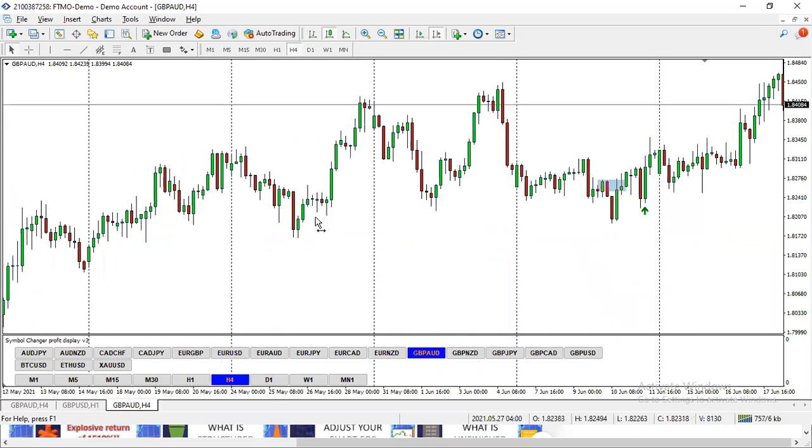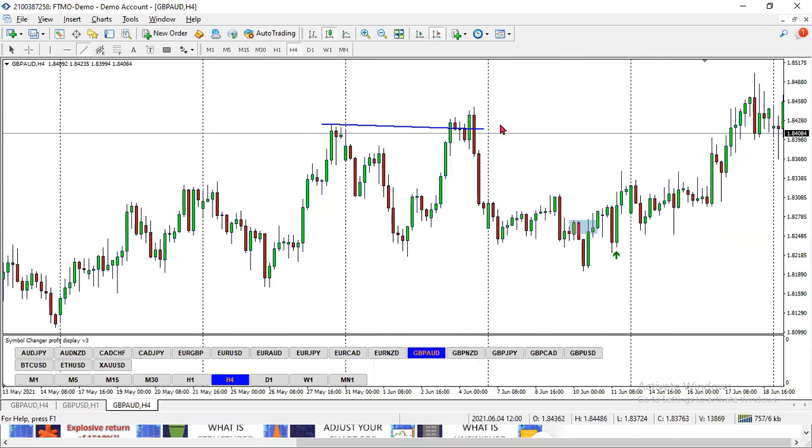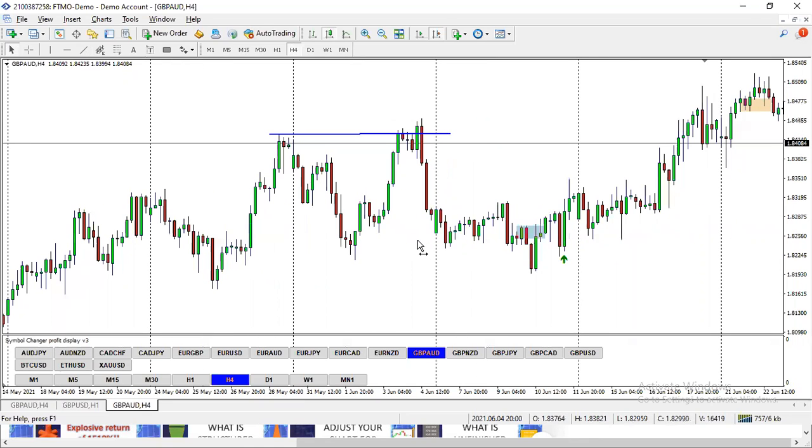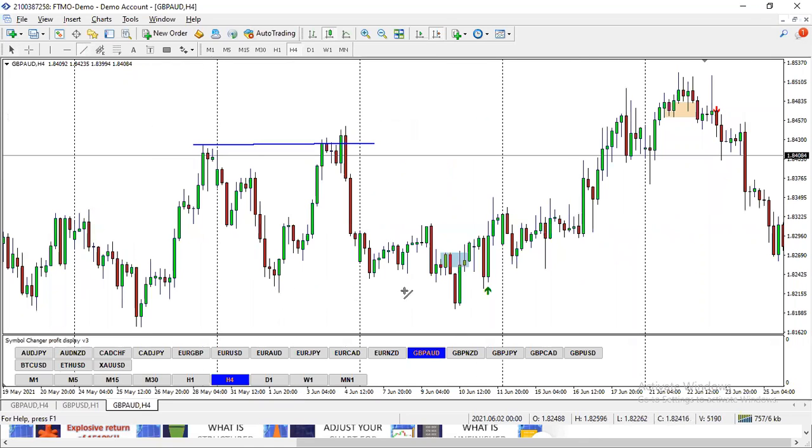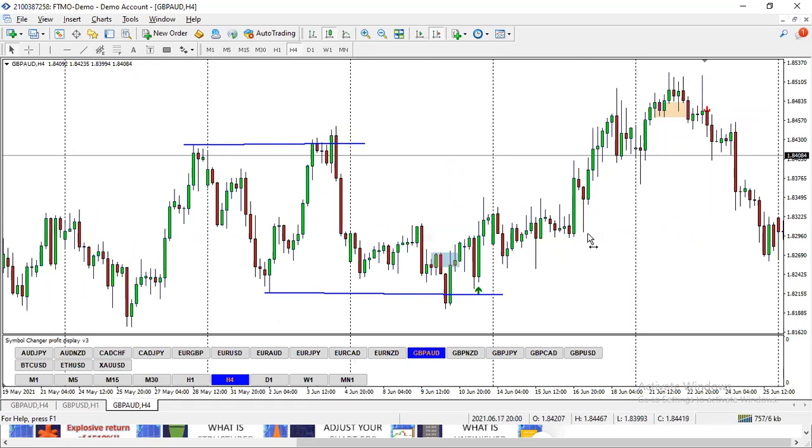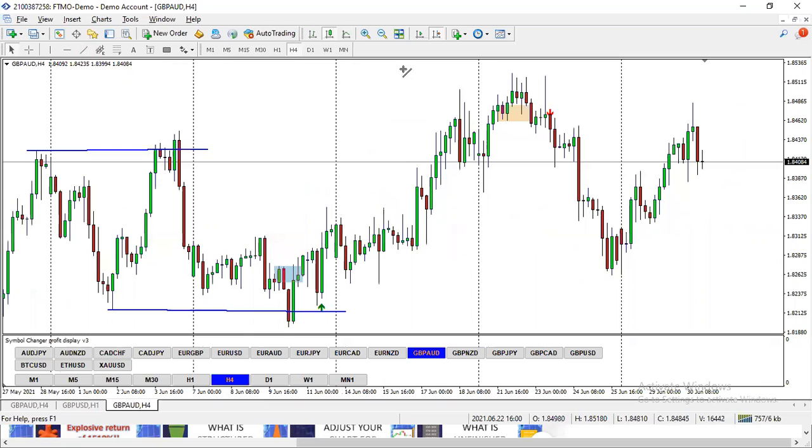Notice how, okay, we now had a massive trend here. Notice how they took out this high of the previous week and then dropped. Notice how they took the low of the previous week and then pushed up. Notice how they took the high and then dropped.